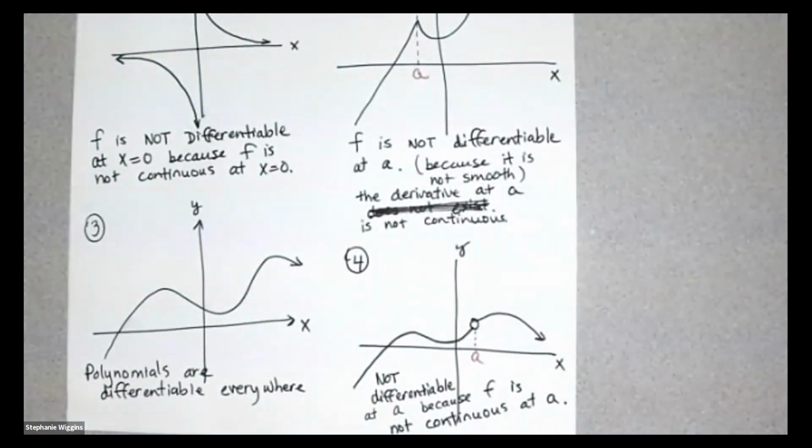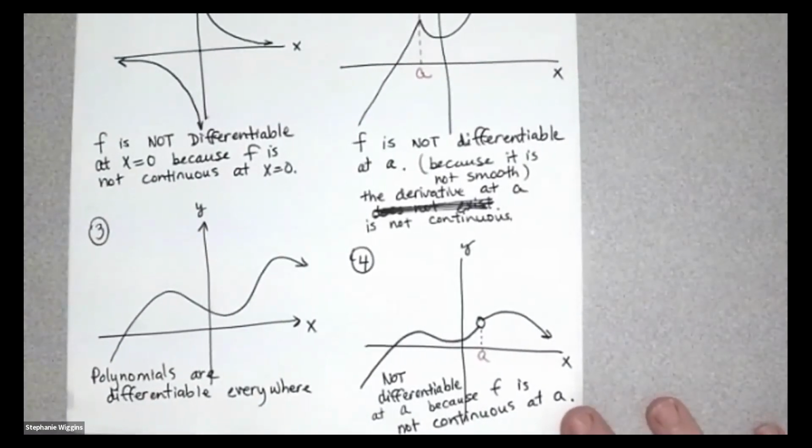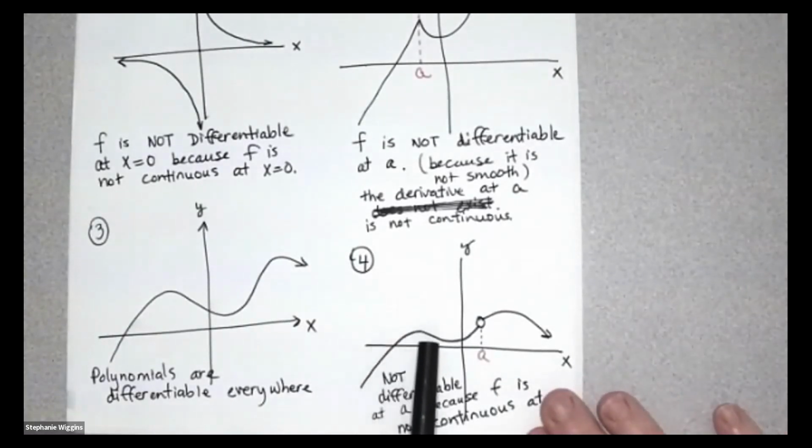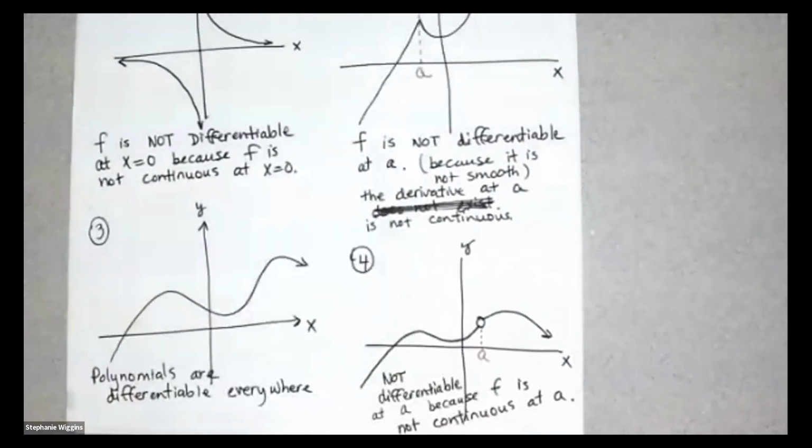Any questions about that? So here we can't draw it because of the hole. We have to lift our pencil. So it's not continuous, therefore it's not differentiable at A. Everywhere else it's differentiable because everywhere else it's continuous and smooth. But there's the sticking point right there. Okay. So corners, breaks, and holes are not allowed for differentiability.